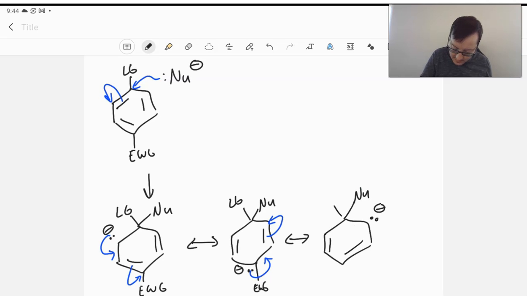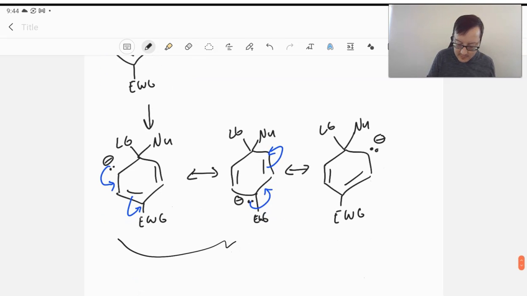And notice now we're on that other ortho position. So in either case, ortho or para substituted electron withdrawing groups will work. Because we see here that electron density is localized to the ortho and para positions. So we're going to want electron withdrawing groups there to stabilize that negative charge.